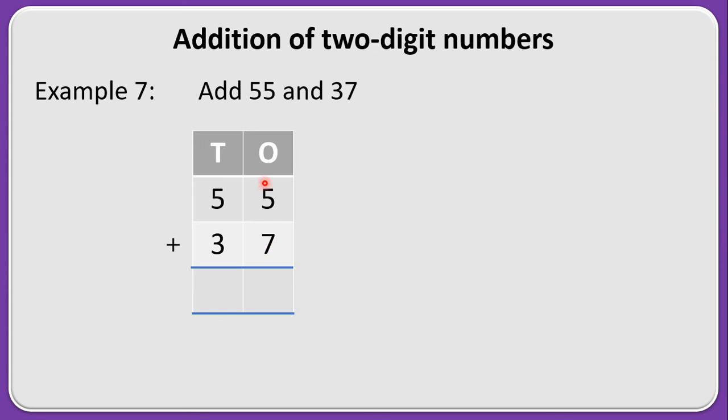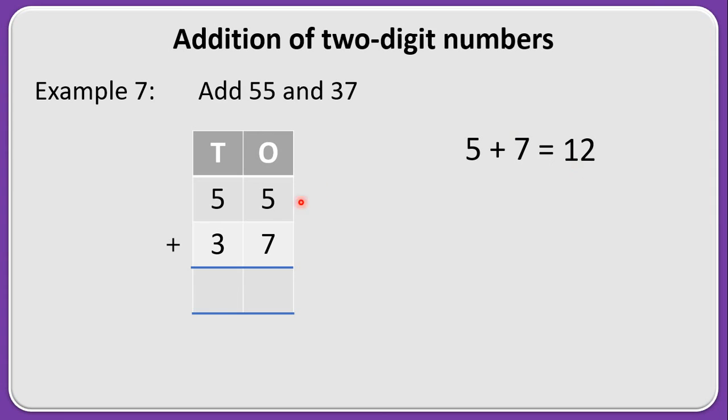You can remember 5, and you may draw 7 lines, or you can have 7 fingers stretched outward, and then you may go on adding the 7 fingers to 5. So if you add 5 and 7, you will get 12. So 5 plus 7 is equal to 12.